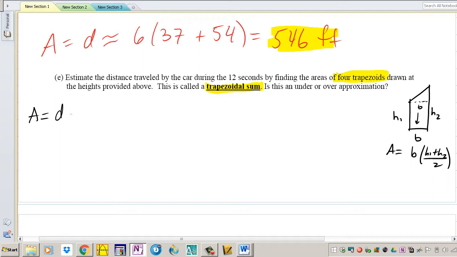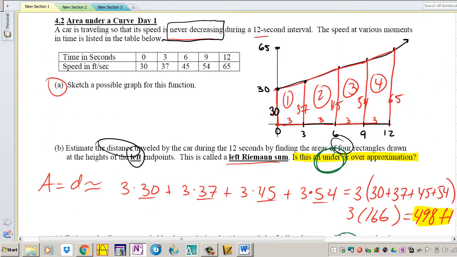So the area of the first trapezoid is the base times the height 1 plus the height 2 all over 2, plus the area of the second trapezoid.